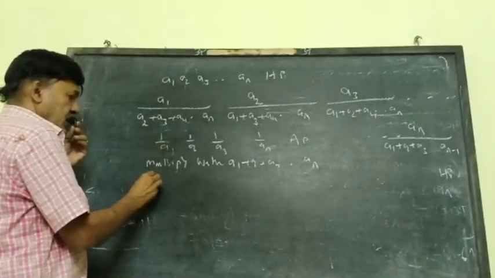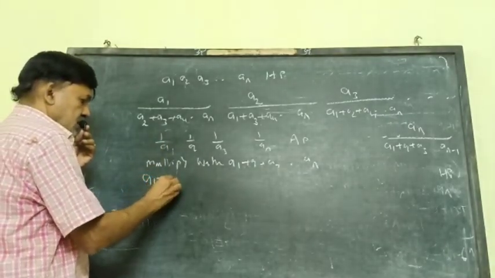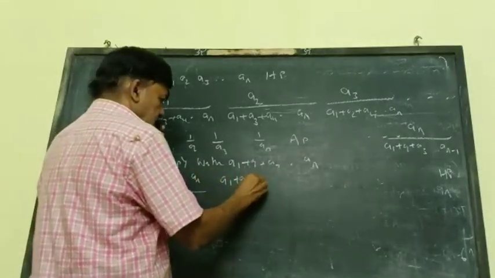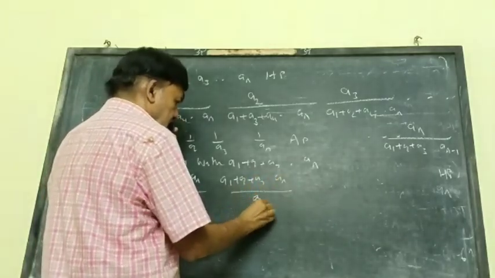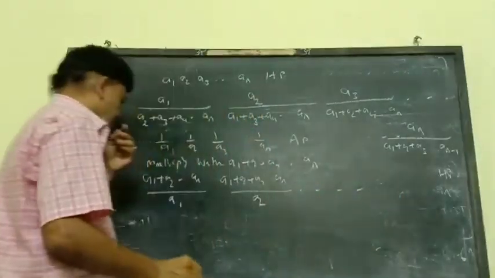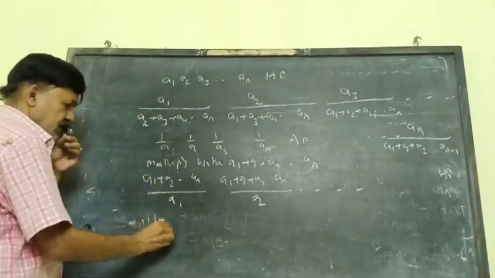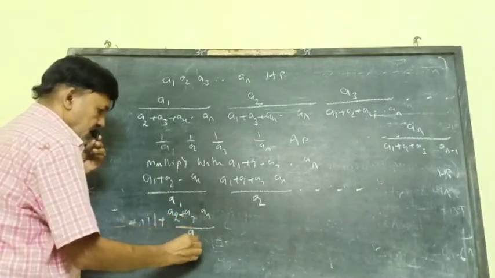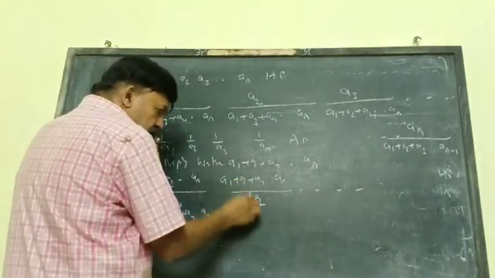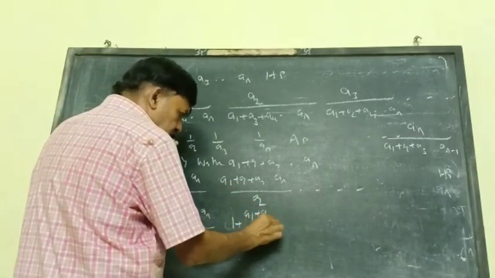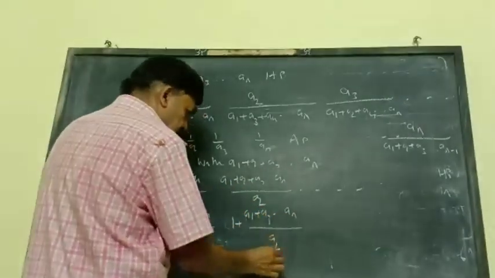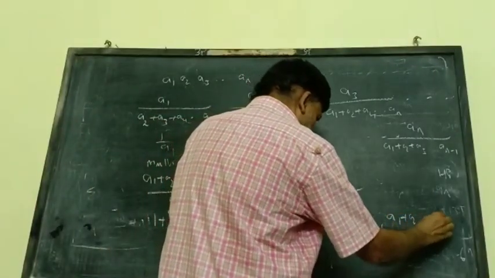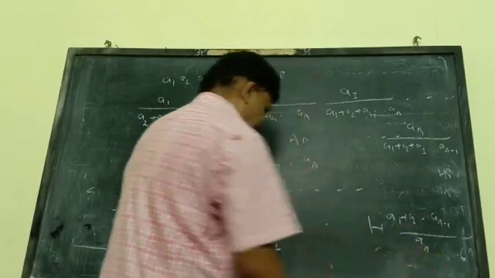So when I multiply, what will I get? A1 plus A2 up to An by A1, A1 plus A2 plus up to An by A2, etc. like this. A1 by A1 is 1, so you will get 1 plus A2 plus A3 up to An by A1. A2 by A2 is 1, so 1 plus A1 plus A3 up to An by A2, and 1 plus A1 plus A2 up to An minus 1 by An.